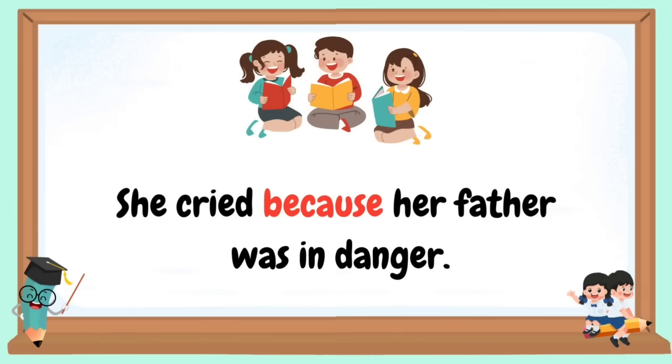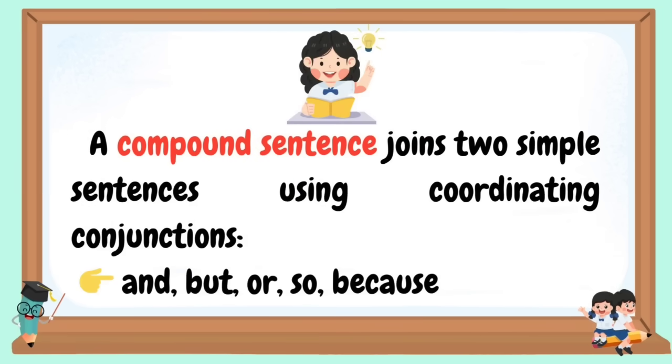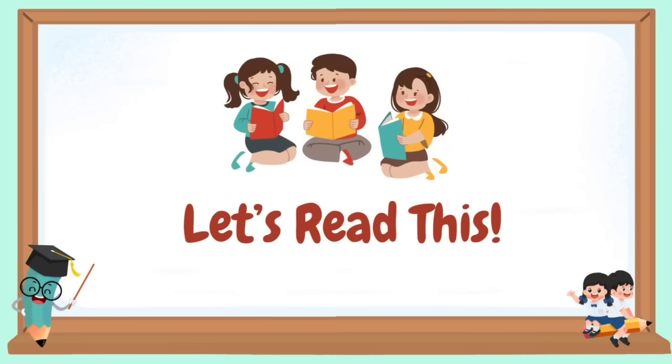She cried because her father was in danger. A compound sentence joins two simple sentences using coordinating conjunctions like and, but, or, so, because.